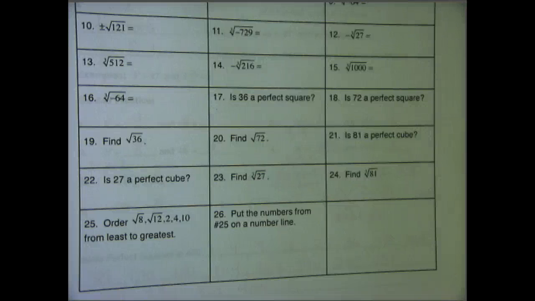These things we did not go over, but you should be able to estimate them since you know your perfect squares and perfect cubes. You should also be able to order from least to greatest and put the numbers on a number line. Once you're able to do this and you get a satisfactory grade on homework number 5, then you may move to basic skills review number 6.